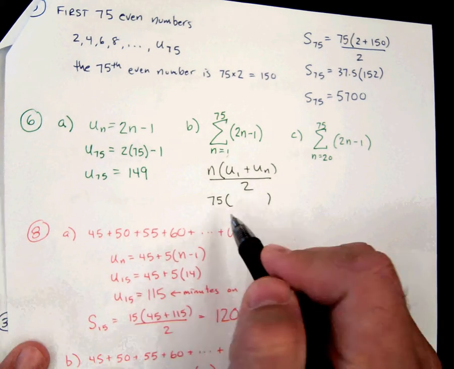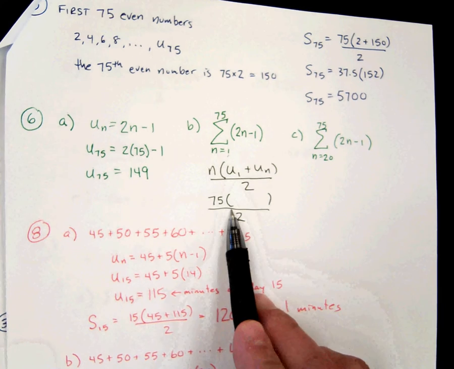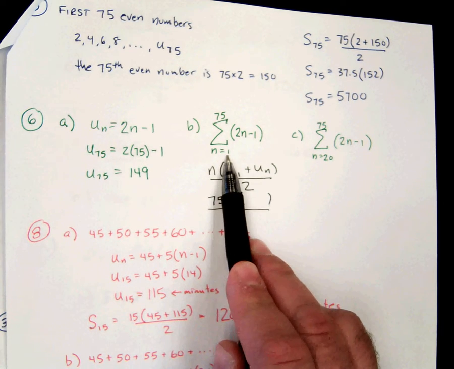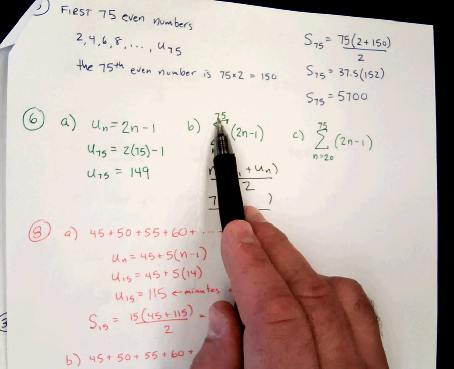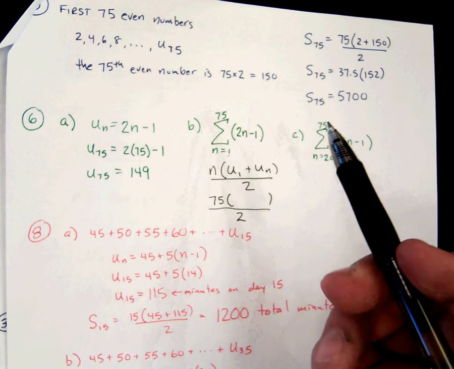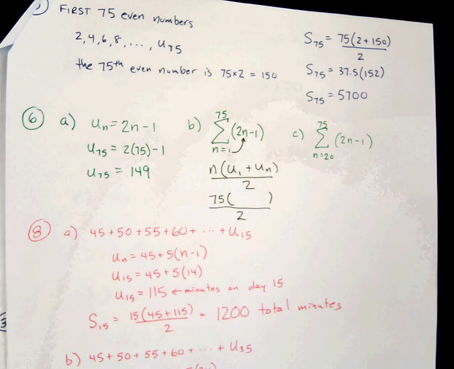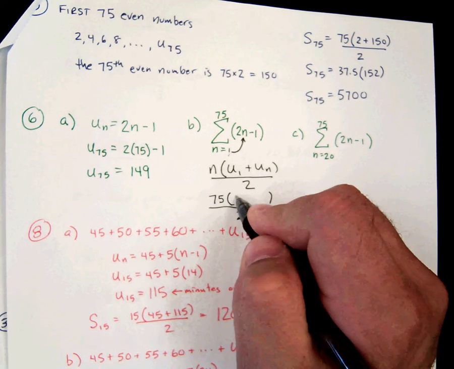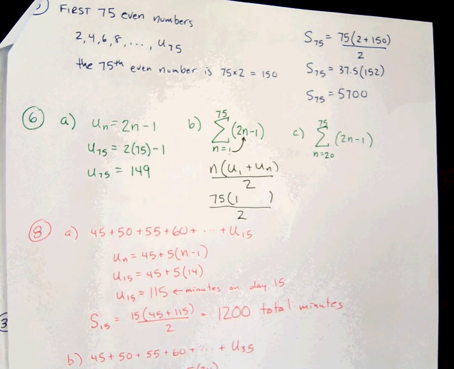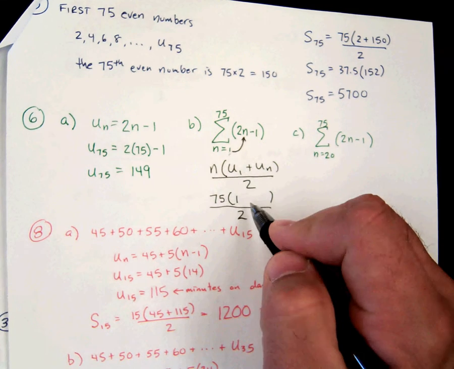Here's a very common mistake. Students will put a 1 here because they see the 1 on the bottom. Then they'll put a 75 here because they see the 75 on the top. That's incorrect. u1 is the number you get when you plug 1 into the formula. 2 minus 1 is 1. That's a coincidence. All right? un is u75.